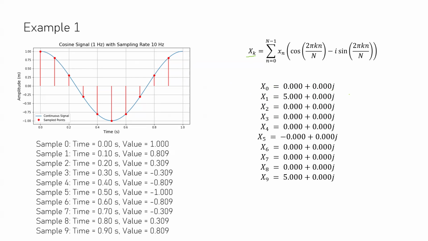Likewise, we will have the values, and you can see that most of the values are zeros. Here 0, this one is 0, 0, 0 likewise. Only x1 and x9 are greater than 0, or non-zero components.